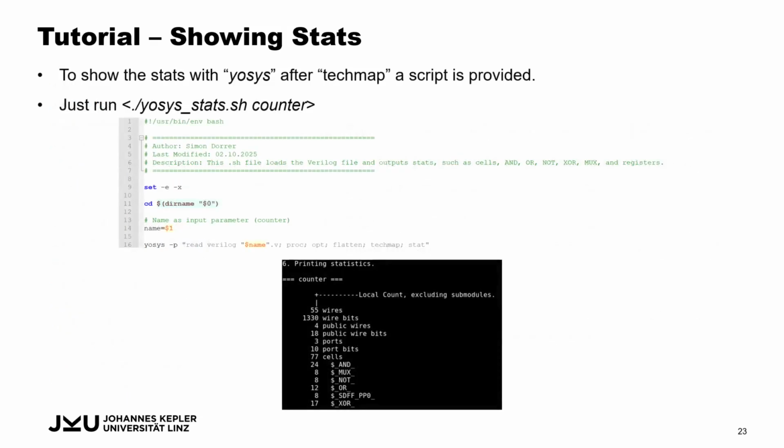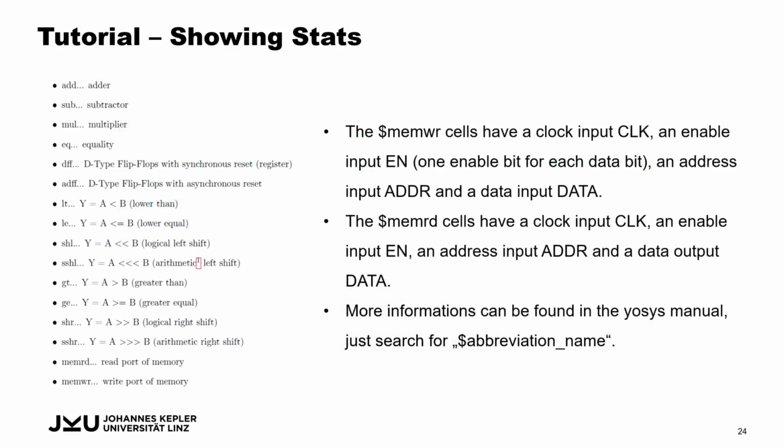And you see here that we have some dollar signs and then and, max, not, or, and stuff like that. But then there's also SDFF. And if you are not familiar with these abbreviations, then you can have a look at the Yosys manual, which is also included in the GitHub repo or can be found on the internet and Google. Because this Yosys manual describes all these abbreviations.